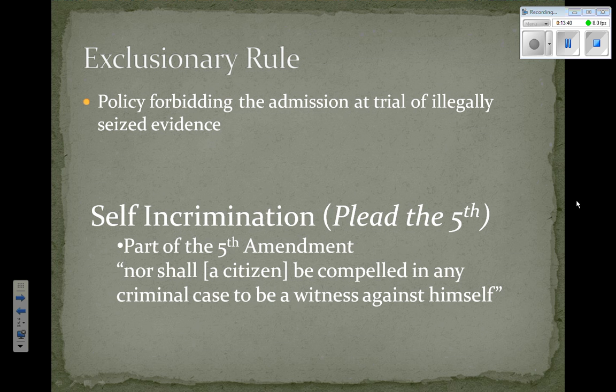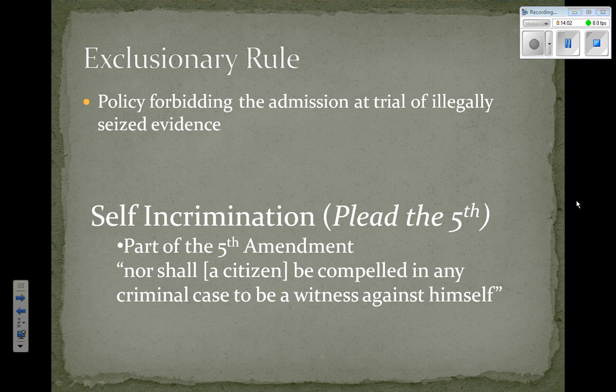Now, this other concept of self-incrimination, we talked about it earlier, but in essence, it's when you hear people say, I plead the Fifth. Well, pleading the Fifth means that you're saying, based on the Fifth Amendment to the Constitution, I'm legally not required in a criminal case to be a witness against myself.